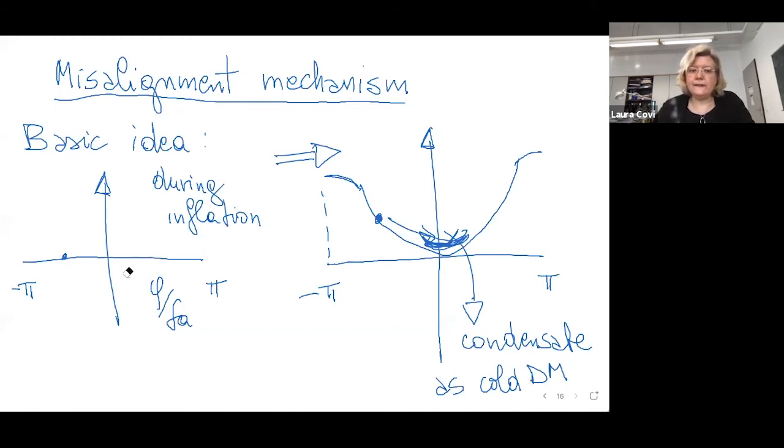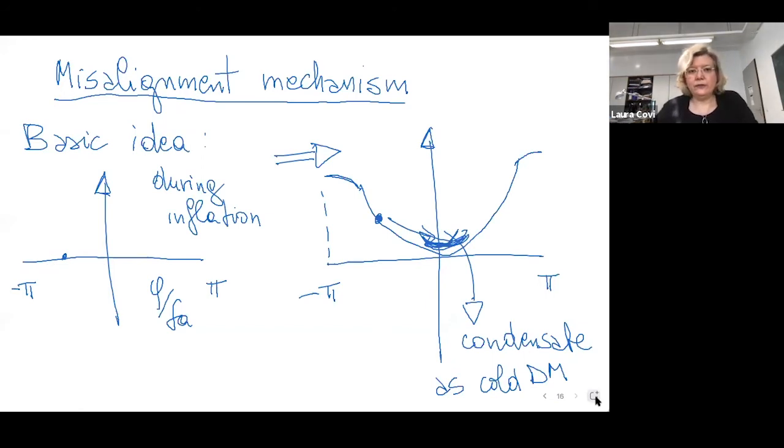So you have the same relaxation that we need to solve the strong CP problem, but not only that, because the relaxation will be very, very long-lived. And this is exactly what we will discuss in a minute, how long-lived this oscillation is.